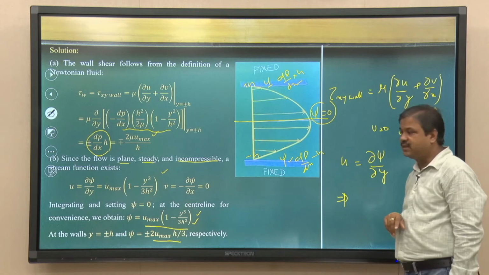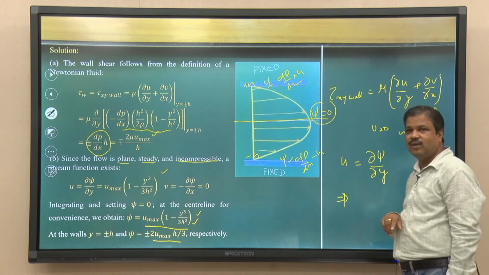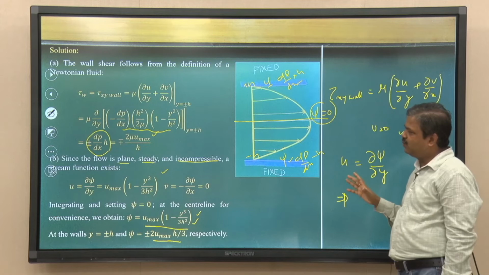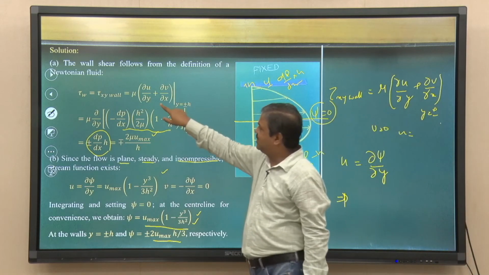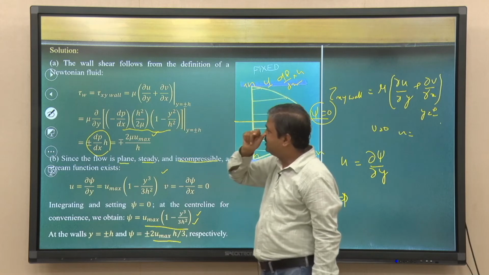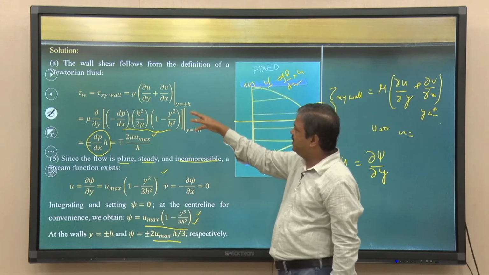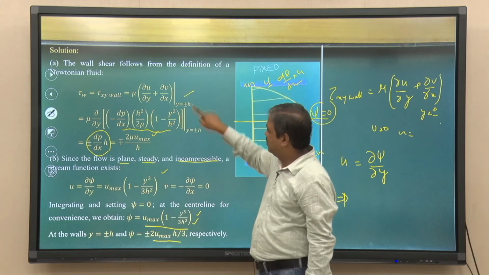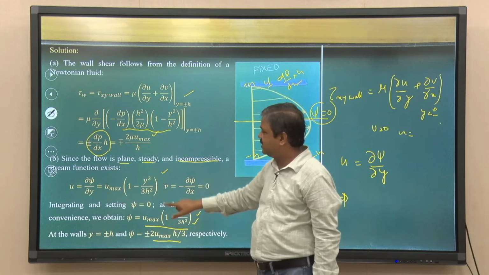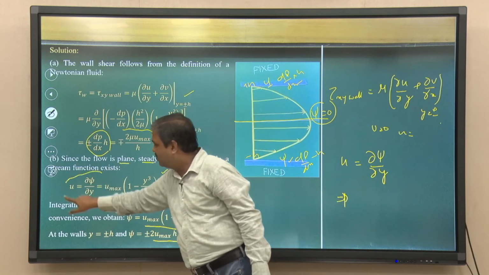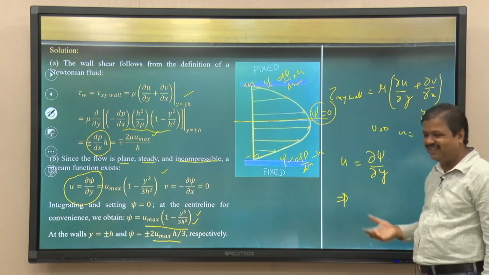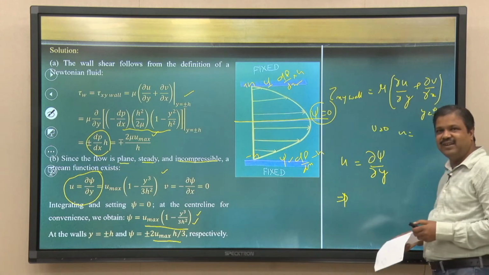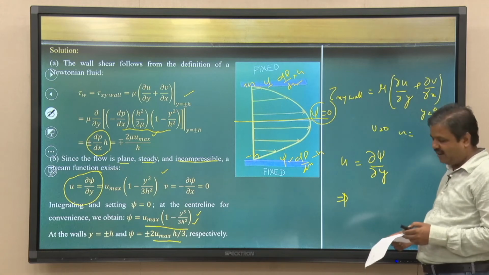It is not difficult, you only have to look at the relationship between wall shear stress in the xy plane, the velocity, and the stream function. We did that very extensively.